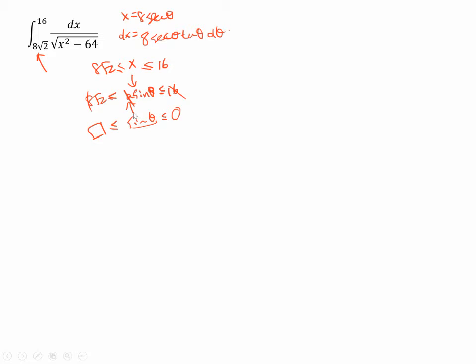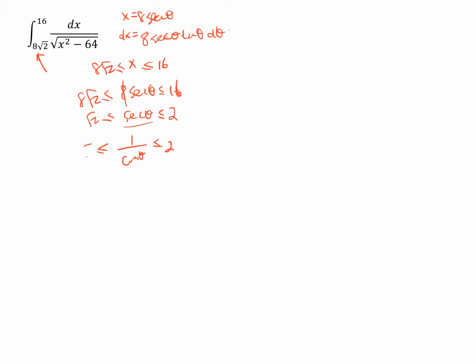So it is fairly simple, but in this problem we are actually working with the secant. Let's say this: if I plug in 8 secant theta less or equal to 16 and greater or equal to 8 square root 2, of course I can cancel out 8 first, which is secant theta less or equal to 2 and greater or equal to square root 2. I'm not really very familiar with the secant value, but I know cosine better, so I want to rewrite it into 1 divided by cosine theta.